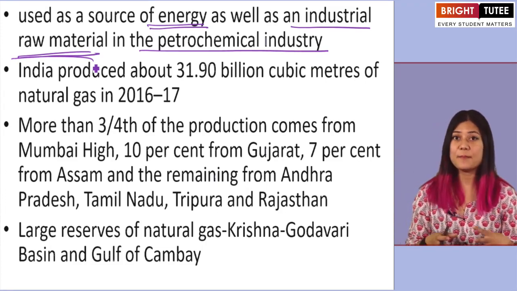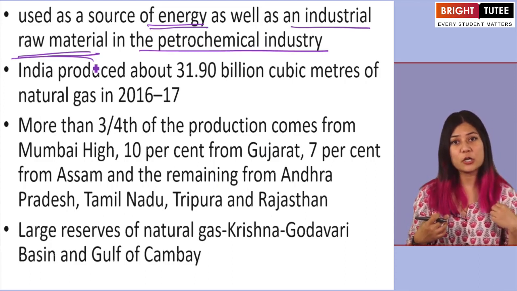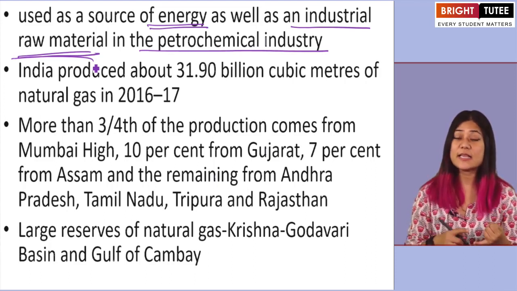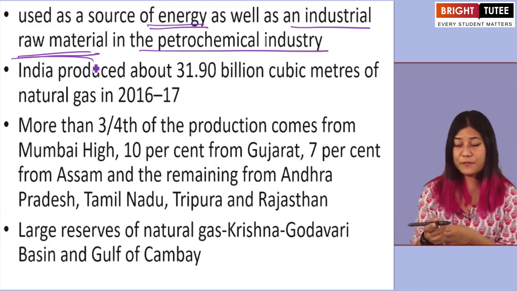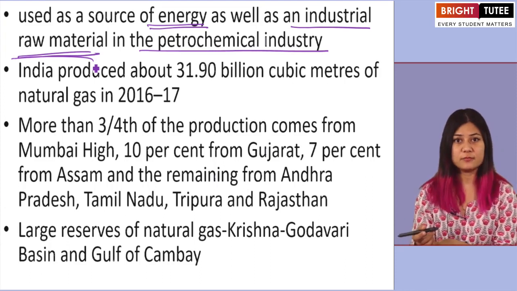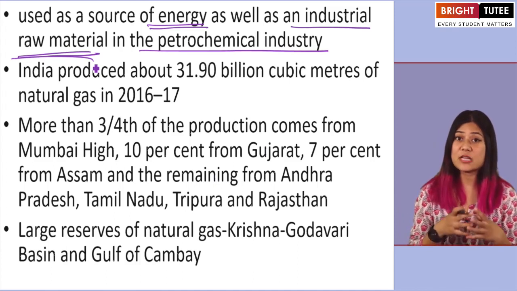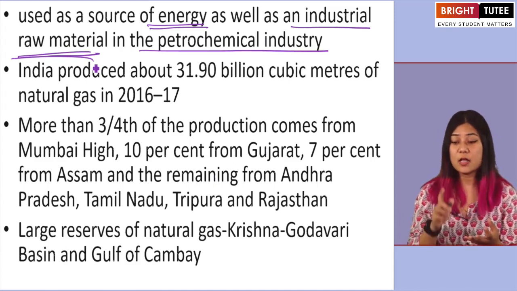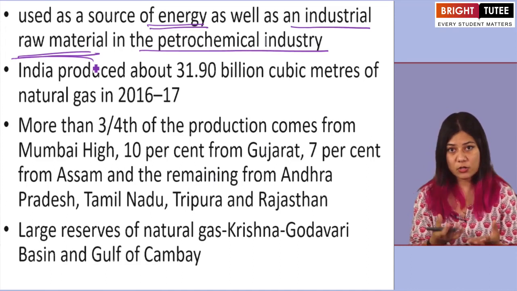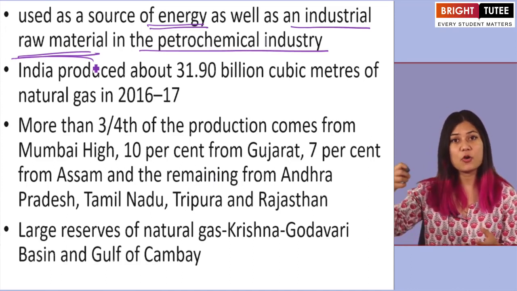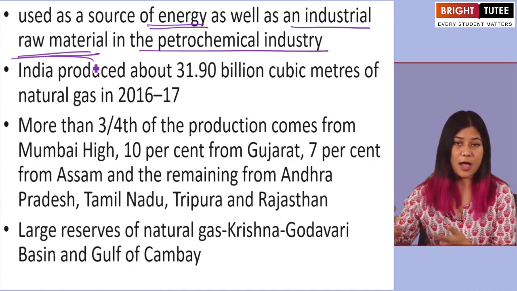For example, in making cotton clothing, the raw material is cotton, and the finished product is a cotton shirt. In the same manner, natural gas can be used not only as a source of energy, but also as a raw material, and it goes on to produce the final outcome.